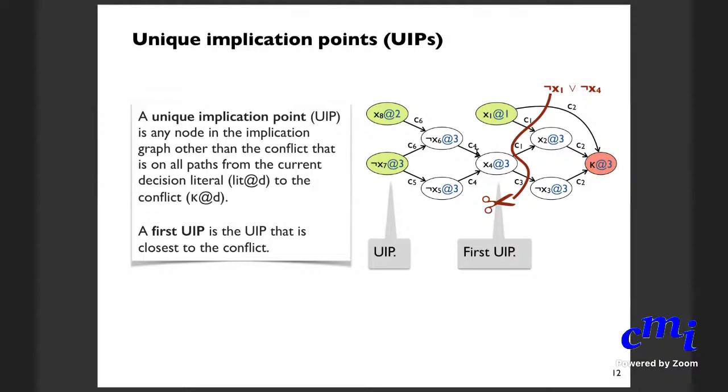When you backtrack, you keep the earlier decision with X1, because it immediately becomes a unit. It forces the right decision to prevent the conflict.